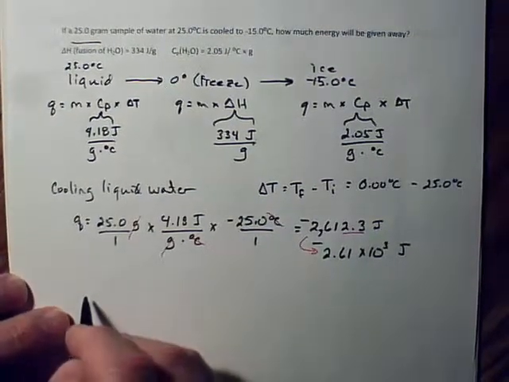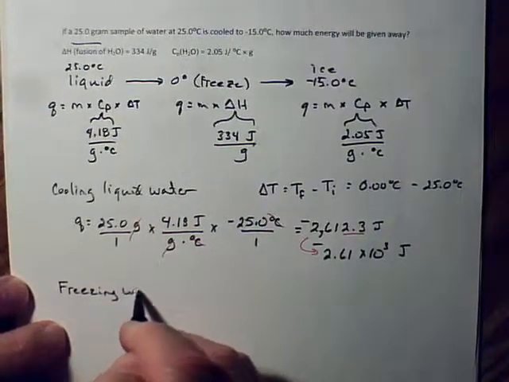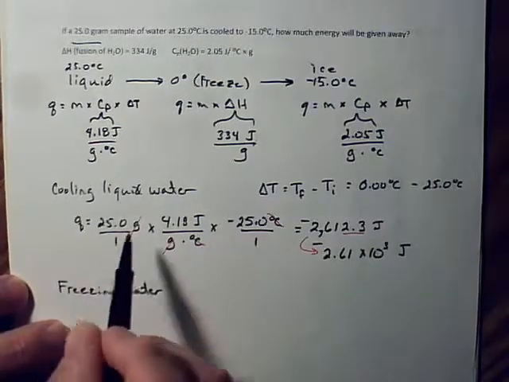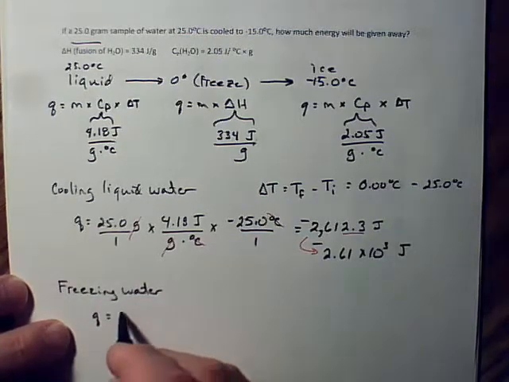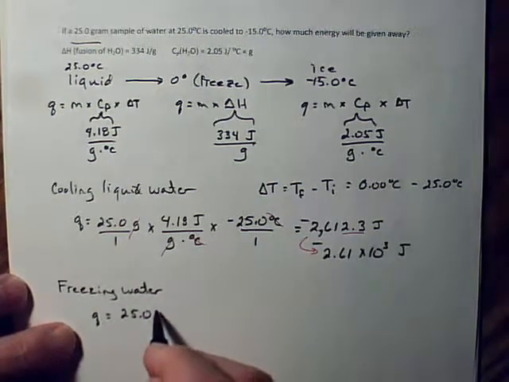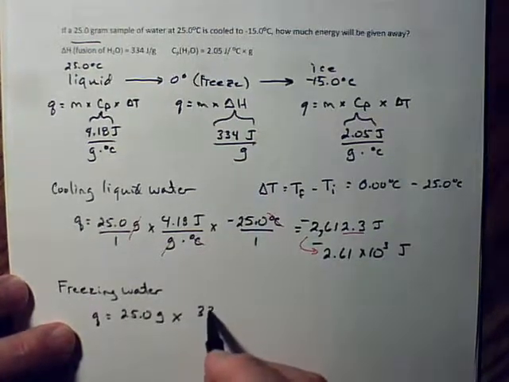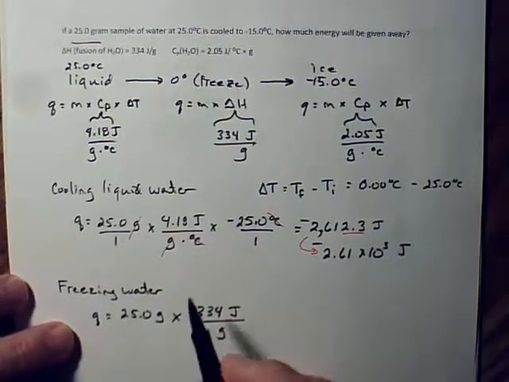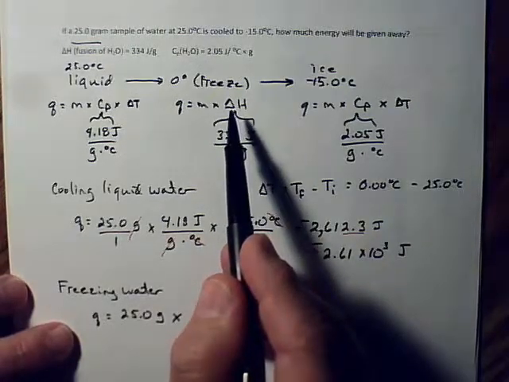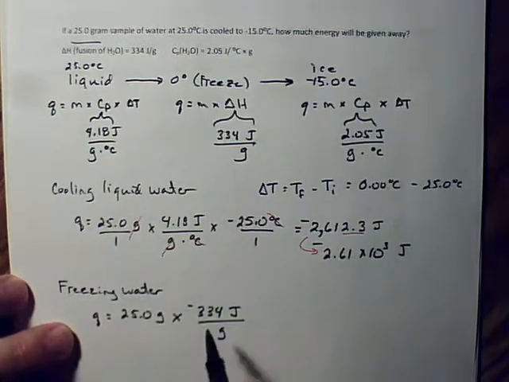Okay, so then when we're freezing the water, that's where we're going to use this equation here. So that's Q equals the mass of 25.0 grams times the delta H, 334 joules per gram. But is the system gaining energy or losing energy during freezing? It's losing energy, so this is negative. If delta H is negative, that's negative.